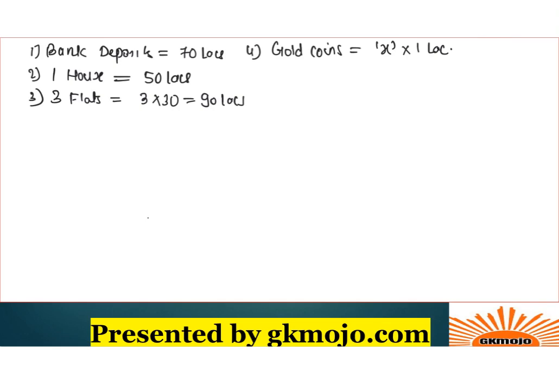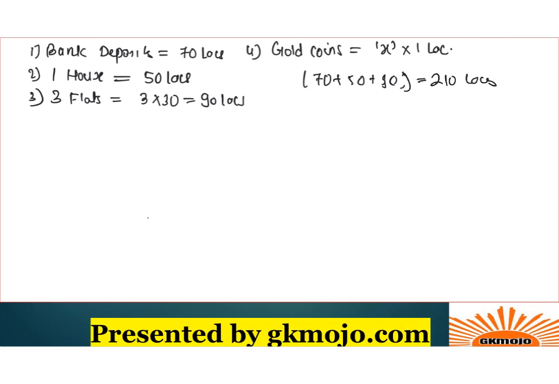If you want to add how much the total property would be, it is 70 plus 50 plus 90. This is barring the gold coins. This would be 210 lakhs. It was given in the last sentence that the value of assets was distributed equally among the children, as were the gold coins.